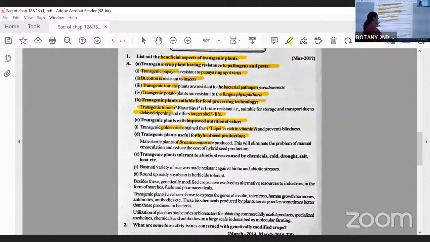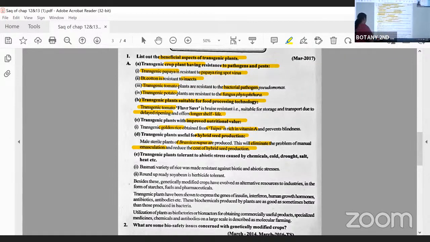So what will they do? They can eliminate the manual emasculation process for hybridization and reduce the cost of hybrid seed production. Brassica is the mustard, we get mustard seeds, and mustard oil also we are getting now. So that is Brassica napus.